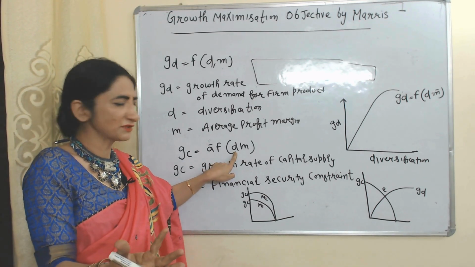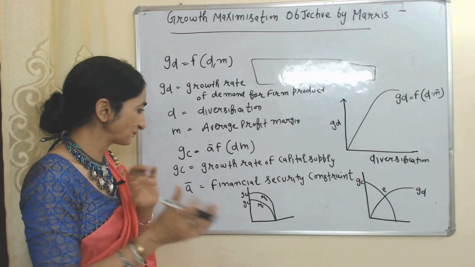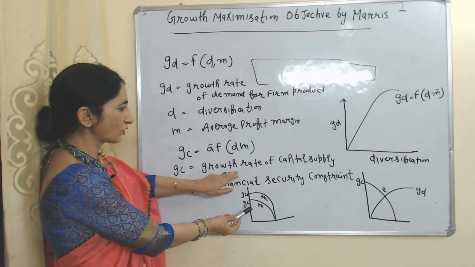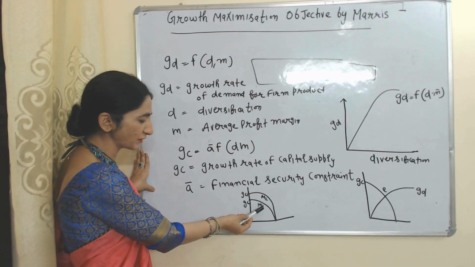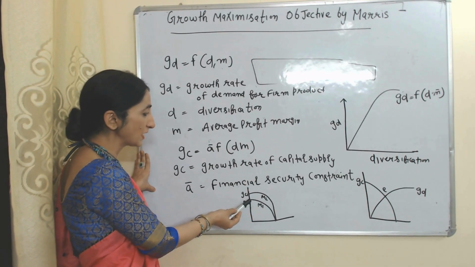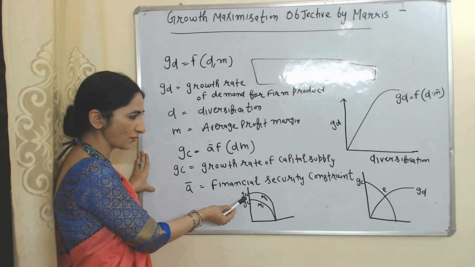And D is diversification, M is average profit margin, as we discussed earlier. Here you can see this GC curve represents the growth rate of capital supply. As the average profit margin increases from M1 to M2, the growth rate of capital supply also increases from GC to GC1.